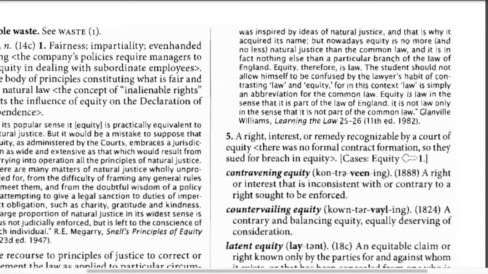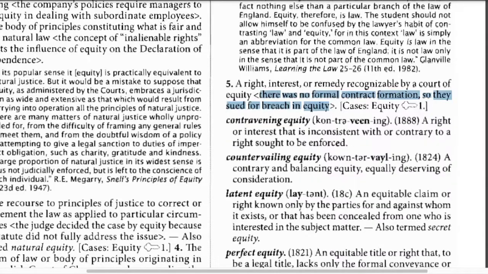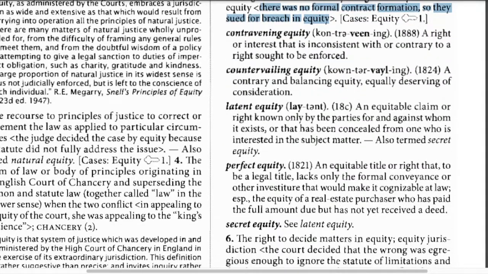Supposedly. Let's continue. 5. A right, interest, or remedy recognizable by a court of equity. There was no formal contract information, so they sued for breach in equity. So we get back to other kinds of equity. Look at these kinds of equity we get. Let's read a few of these. Contravening equity.